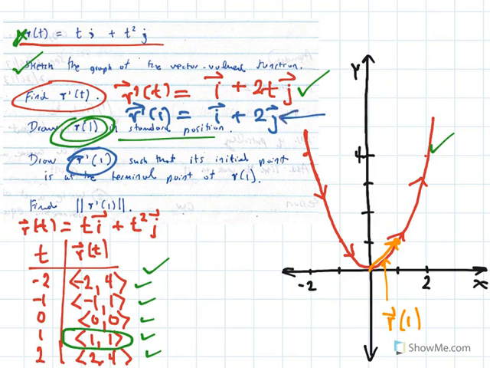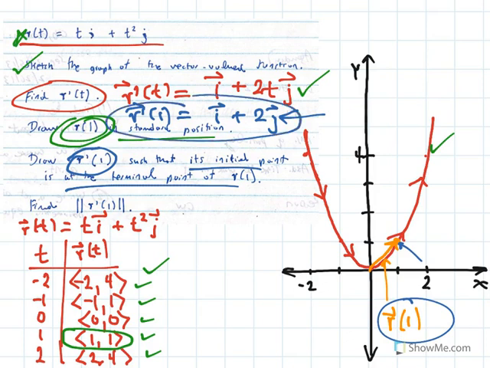I want to draw the vector r prime of 1, 1i plus 2j, such that its initial point is at the terminal point of r of 1. Here's r of 1, here's its terminal point, and starting here, go 1 unit to the right and 2 units up. This is what I have for the vector r prime of 1.